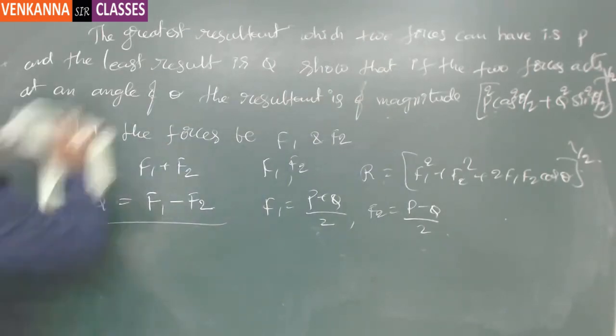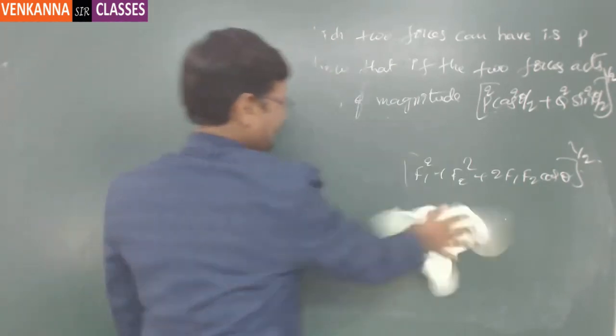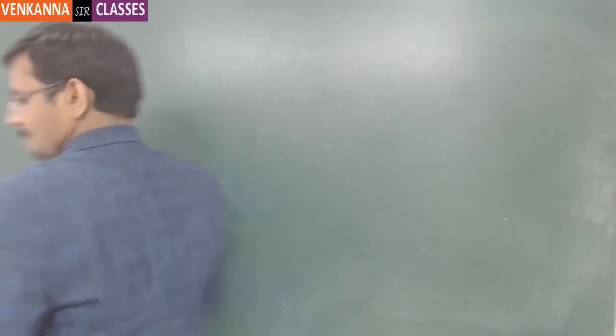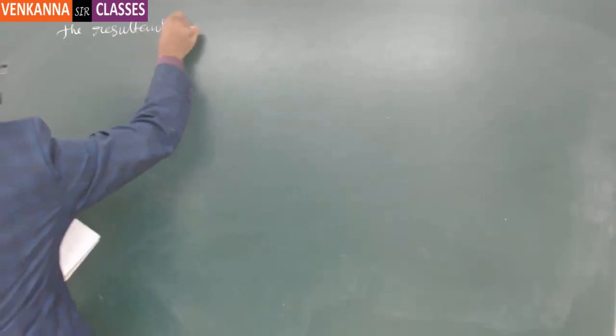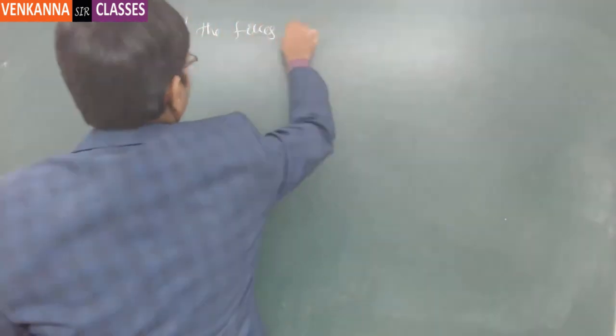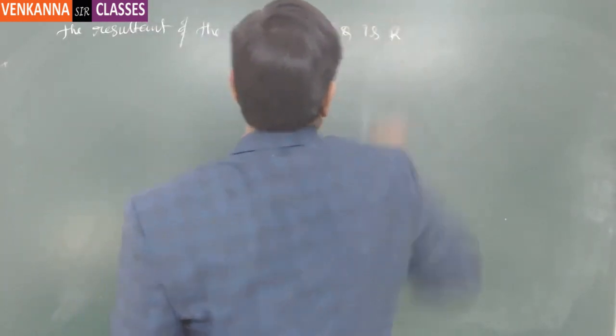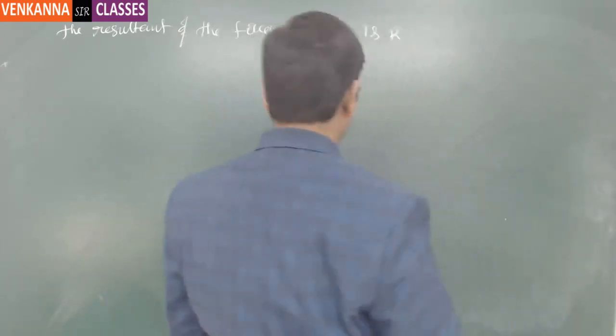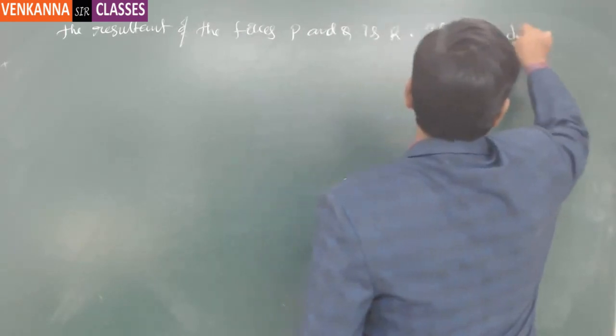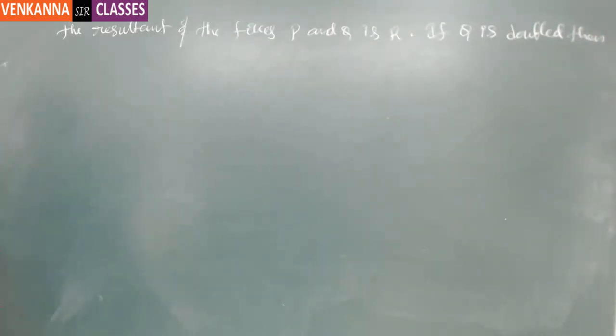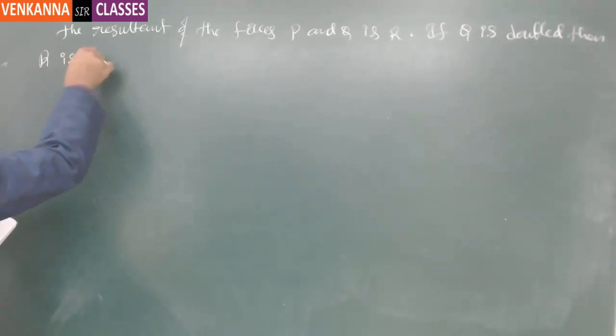Okay, so note down one more. The resultant of the forces P and Q is R. If Q is doubled, then R is doubled in magnitude.